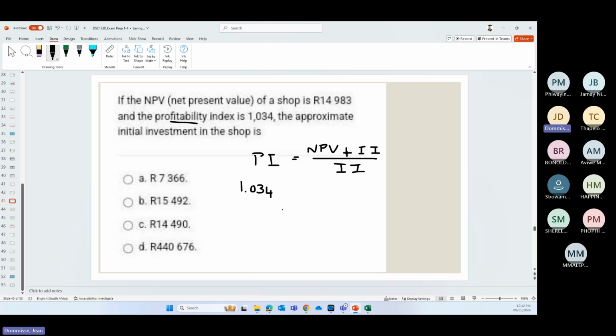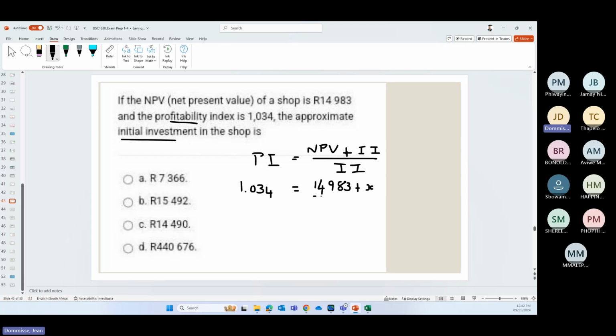Feels like a sum that we did ages ago, when there wasn't the answer. If I can remember, we've got the net present value 14,983. But hang on, we need to work out what that initial investment is.